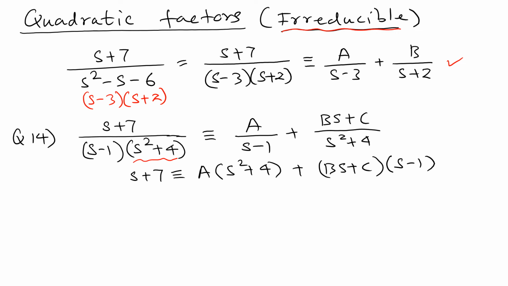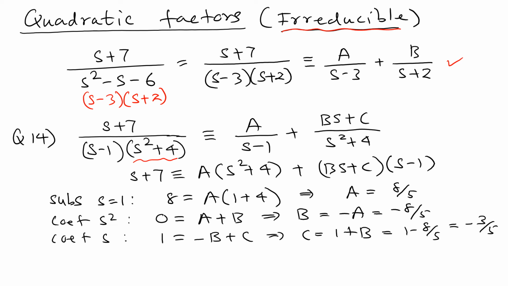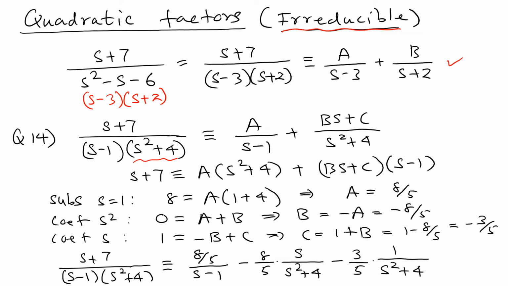Then we're going to get these. You get A as 8/5. Now we go with the coefficient technique with the largest coefficient, then go for the next coefficient, the coefficient of s. So you get C as -3/5. Now we plug in the values, and we can also split these two terms, and then we get three terms like that.